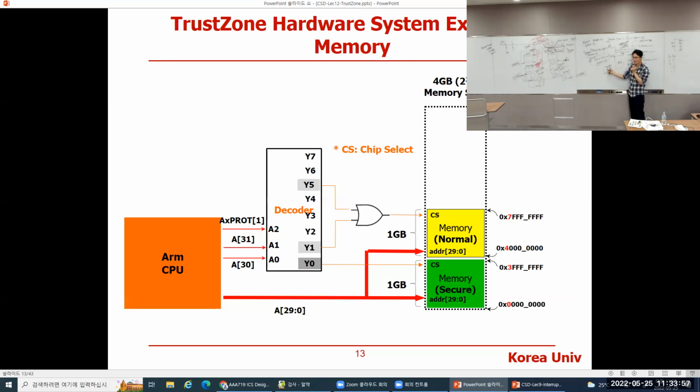You want to access the first timer only in secure state, and the other timer in normal world. Using the PROT signals, you can make similar connections to achieve that goal. So the point is, TrustZone technology starts from hardware design to software programming, hardware to software stack.